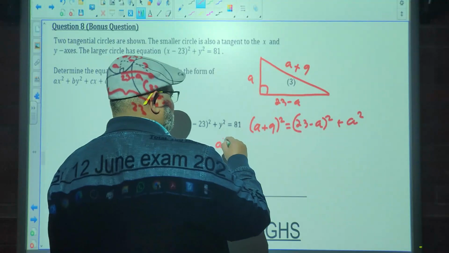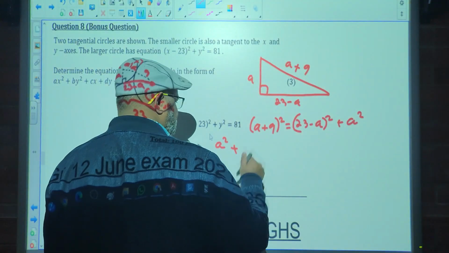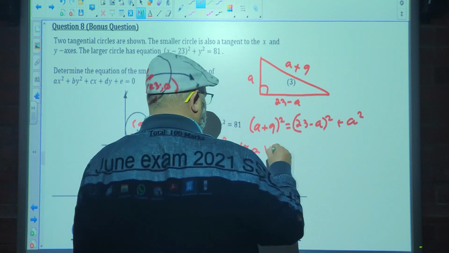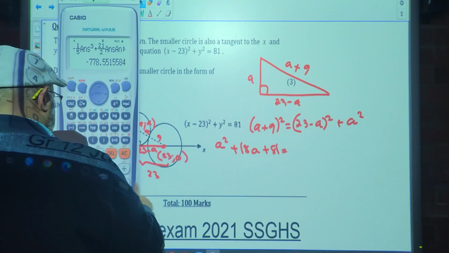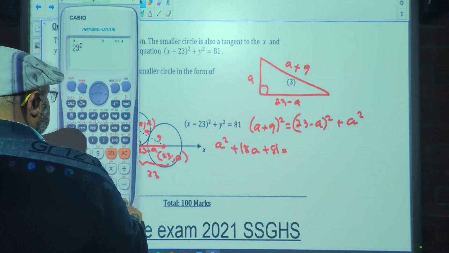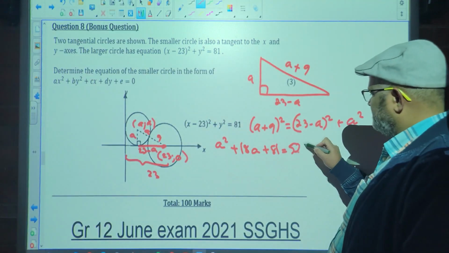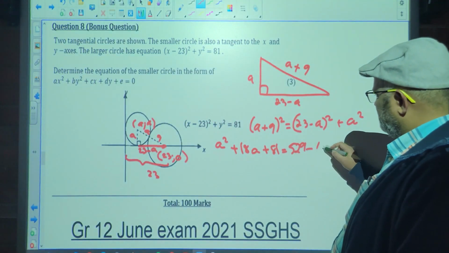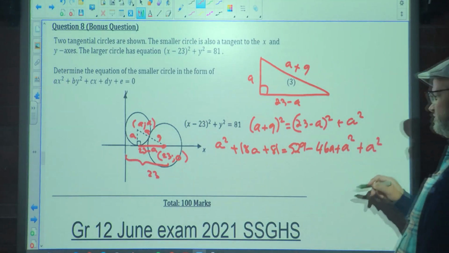It's going to be a squared plus 18a plus 81 is equal to 23 squared, which is 529 minus 46a plus a squared plus a squared.